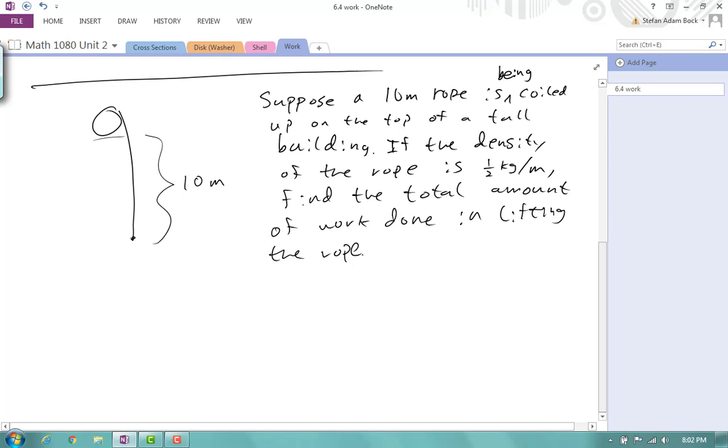So the way this works is actually the way all of the word problems in calculus work. I'm going to chop up the rope. Because if I chop up the rope, I'm going to have a little chunk of rope here of length delta x, and this little length is going to have a mass to it.